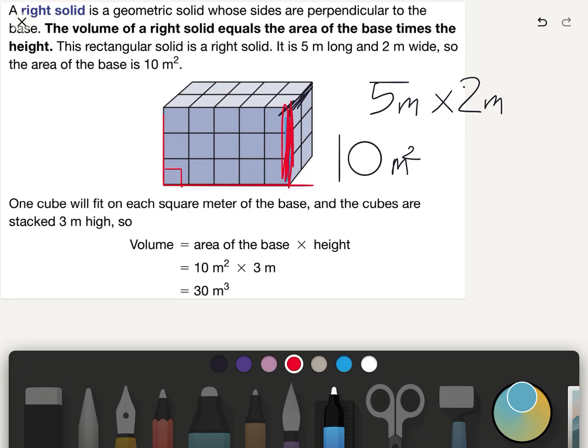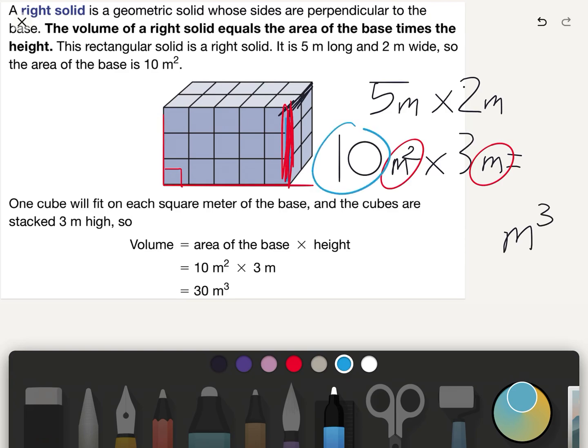And then we multiply that by the height, which is 3 meters. And so we are multiplying our unit multipliers. So essentially, to the power of 2 plus to the power of 1 is to the power of 3, or cubed. And we multiply these two, getting us 30 meters cubed for the entire volume.